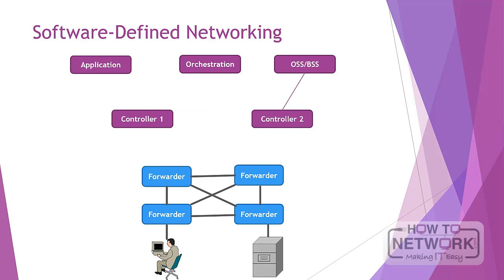So let's see a more detailed example of how software-defined networking works and the different elements. So in the top squares, you see application, orchestration, and OSS/BSS. Application could be a custom application in a programming language to apply configurations and programmability to the network.